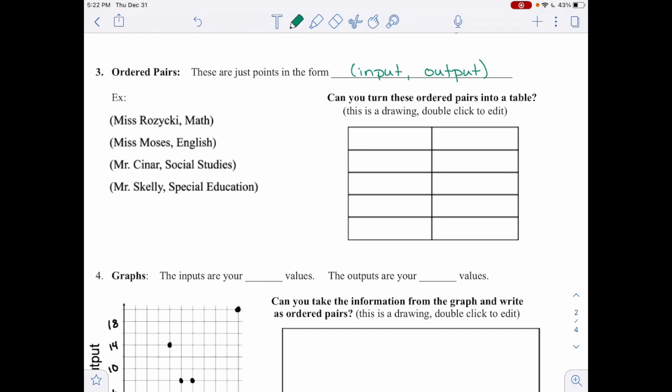Take that information and turn it into a table. So again, I want to put titles on my columns. So here I'm going to put teacher. Here I'm going to put the subject that the teacher teaches. And then I'm just going to write in the information.